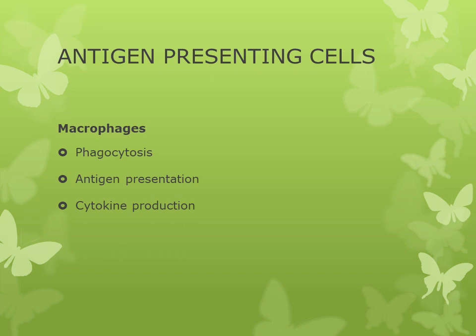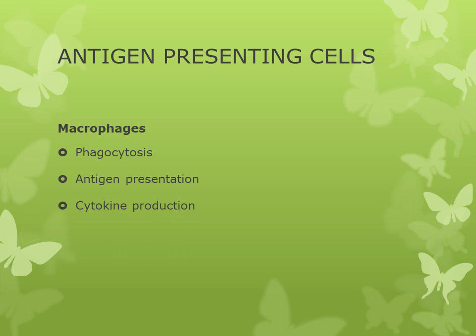The next group of cells that are present in immunity, that give protection and are involved in immune responses, are the antigen presenting cells. These antigen presenting cells may include the natural killer cells, dendritic cells and the macrophages.